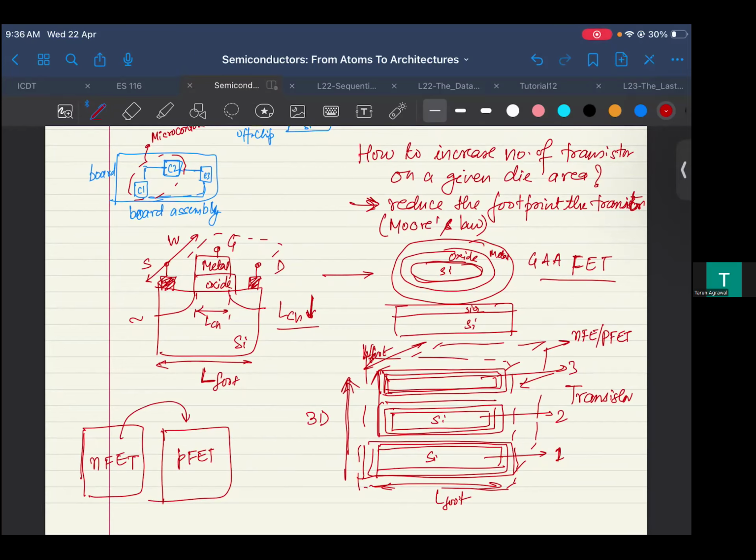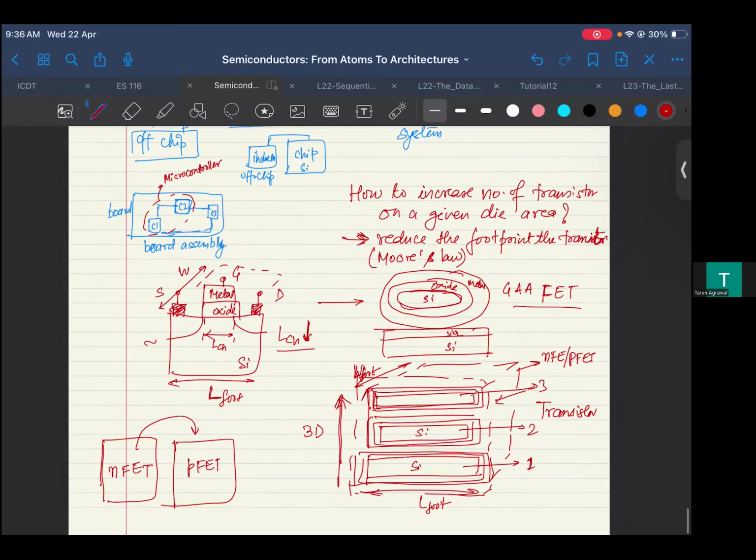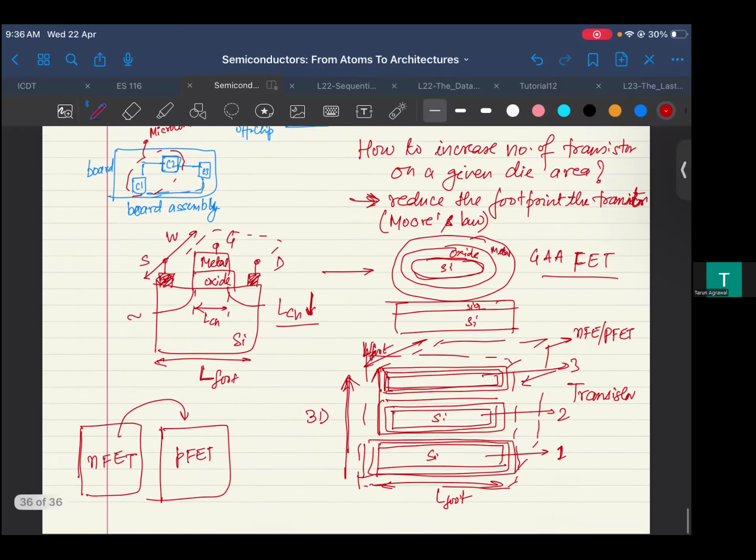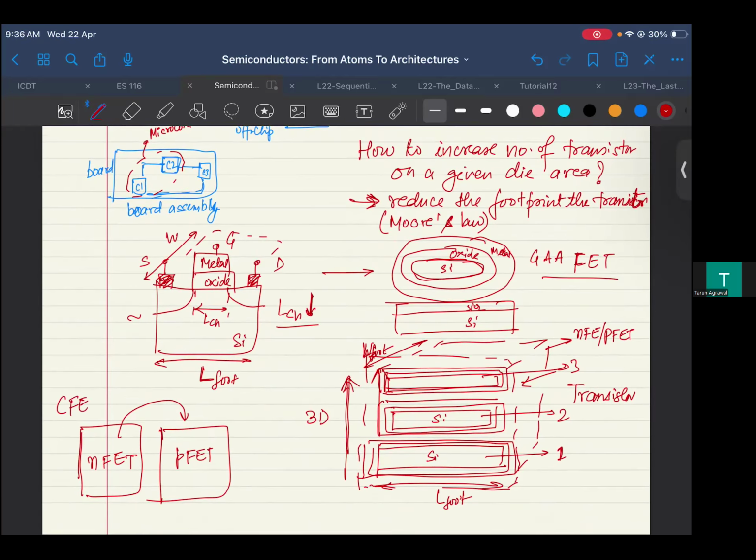That means you are again saving much more area because you have moved your NFET on top of PFET. That is what would mean ultimate scaling in terms of area, at least from the CMOS technology point of view, where your NFET is on top of PFET. That is what is known as the CFET, complementary FET.